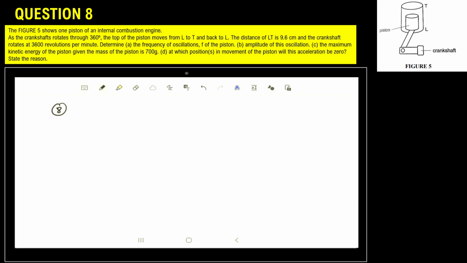Question number 8. We have a figure 5 that shows one piston of an internal combustion engine.